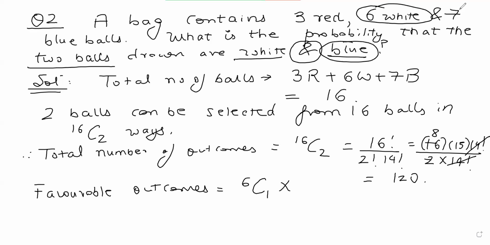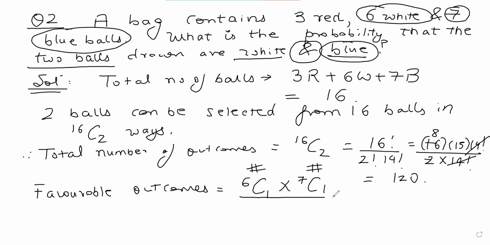There are 7 blue balls in total, so from 7 blue balls I should select 1. So 1 ball out of 6 should be white and 1 ball out of 7 should be blue. This is my favorable outcomes.